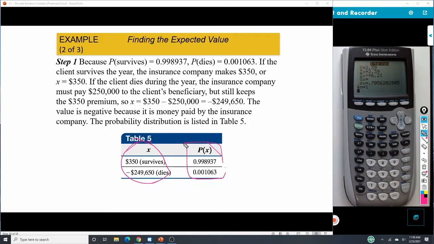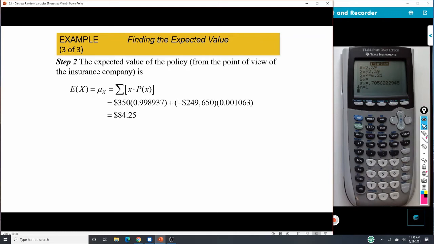Now, again, we would go to our table, we would do L1, we would do L2, and find our mean that way. And when we do that, I'm not going to do that in a calculator because I want to use the previous information, but we would get this 84.25. I did that earlier to verify it does do that. But if you put that into L1 and L2 and do your 1-Var Stats with the L1, L2 in it, you will get the X bar up there, the mean, that does state the same thing.